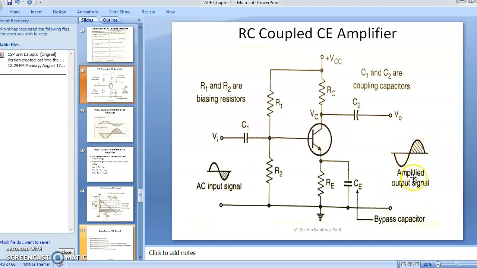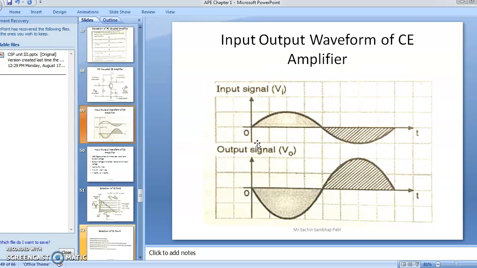So this is the amplified output signal and this is the AC input signal. The AC input signal is applied to the base of the transistor. Now the input output waveform of the common emitter amplifier.